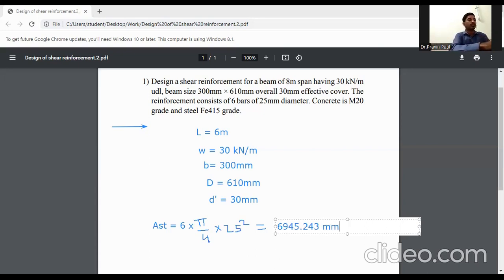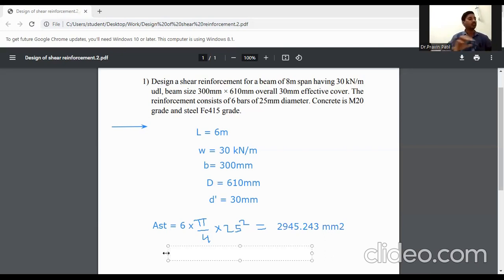The area of steel in tension it will be 2945.243 mm square. Okay, so I will note down this value. AST is equal to 2945.243 mm square.